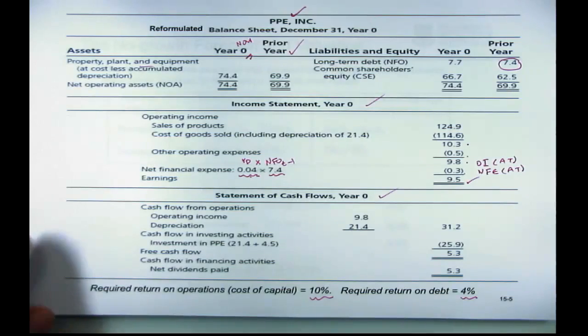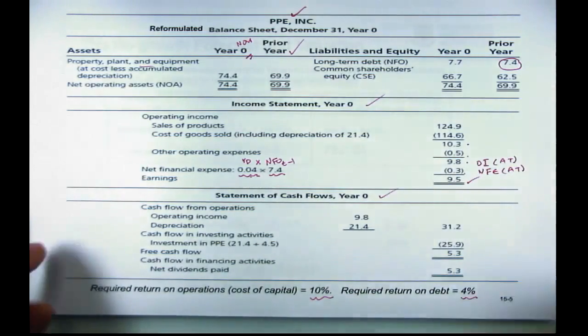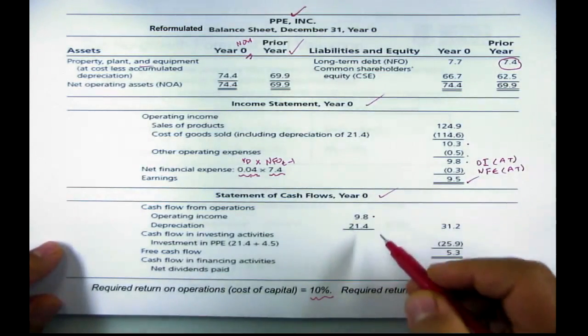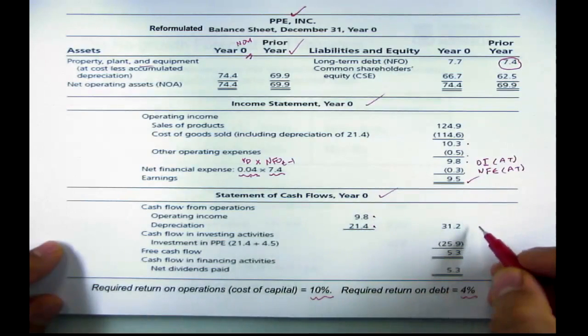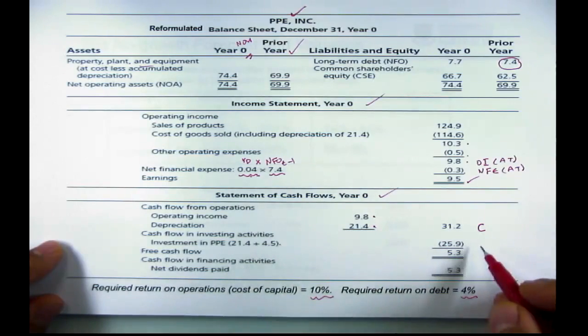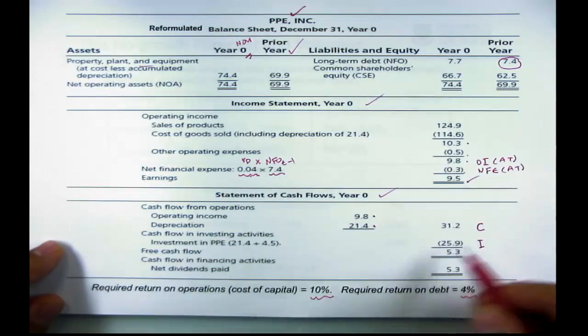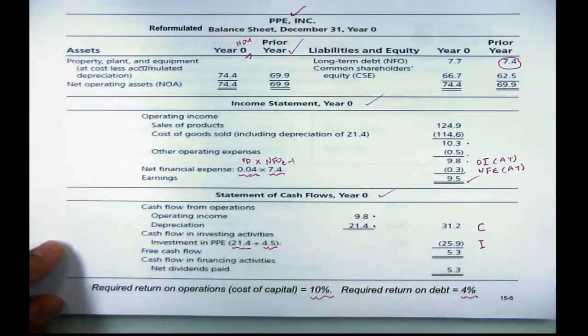Note also that the statement of cash flow can be calculated from the balance sheet and the income statement. This is the operating income plus depreciation. This plus this gives us the cash flow from operation. This is C. And we can easily also calculate I. I here is equal to the amount of depreciation plus 4.5.